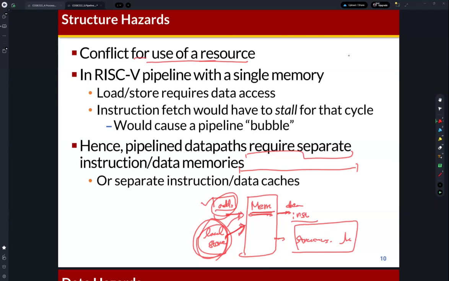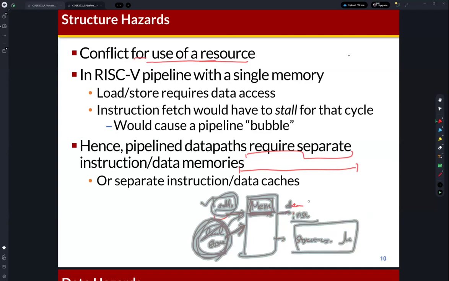As you can see, the address port of this memory resource is already occupied for instruction. So load and store instructions cannot access this memory. So in order to access this memory, we need to wait one clock, and then clock cycles are wasted. So this is the structure hazard.